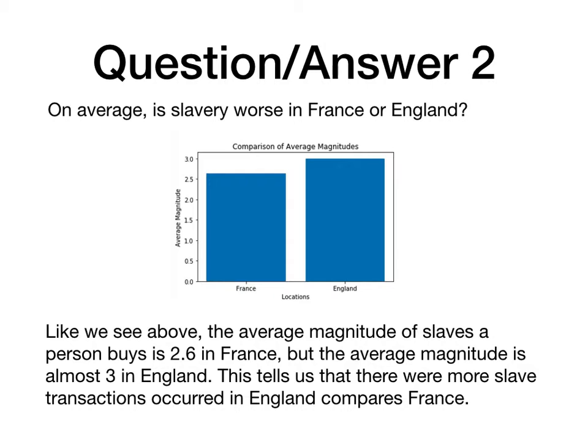They were both pretty advanced back in the days, but I want to know which one is better. And like we see in the graph, the average magnitude of slaves a person buys is 2.6 in France, but the average magnitude is almost 3 in England. This tells us that there were more slave transactions in England compared to France.